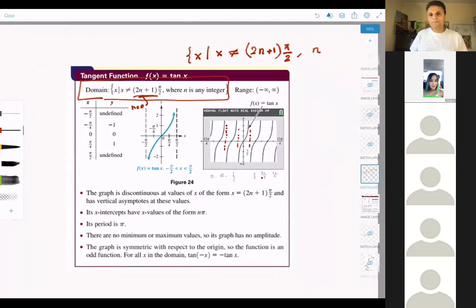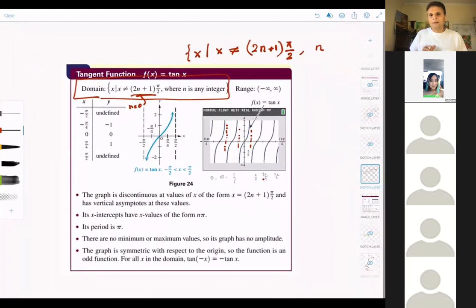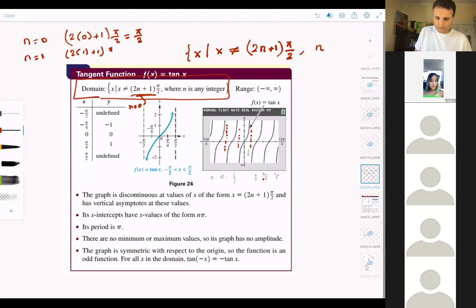Are you guys following me? So n equals 0, we have (2 times 0 plus 1) multiplied by pi/2, which is pi/2. N equals 1, we have (2 times 1 plus 1) multiplied by pi/2, equal to 3pi/2. And then n equals 2, n equals 3.